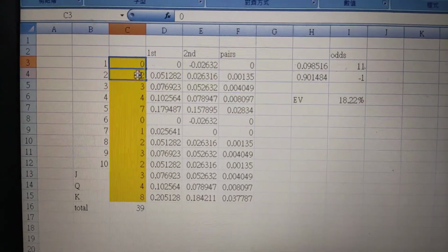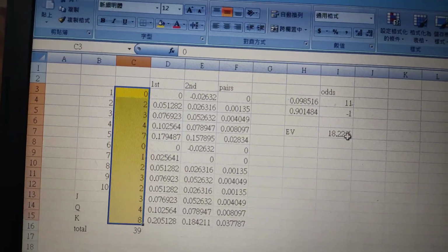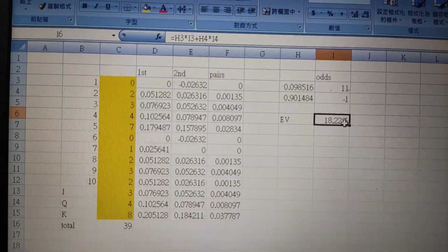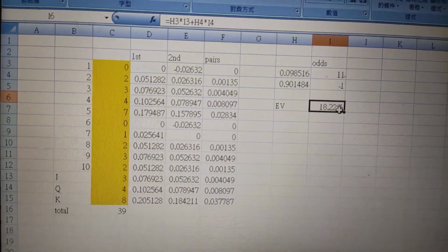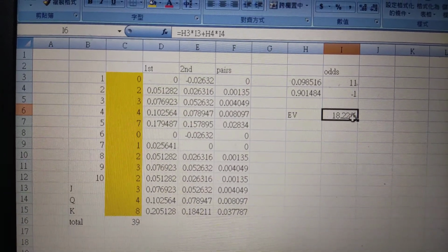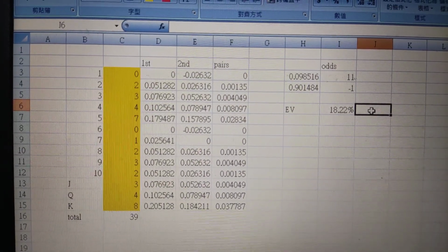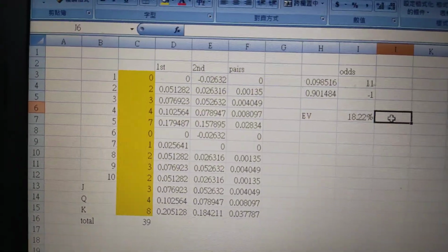For this sample, if the left cards are like this, sometimes we can have a positive EV. So at the positive times, we bet a big amount, and the more we bet, the more we get. This is the pair calculator. Thank you everybody.